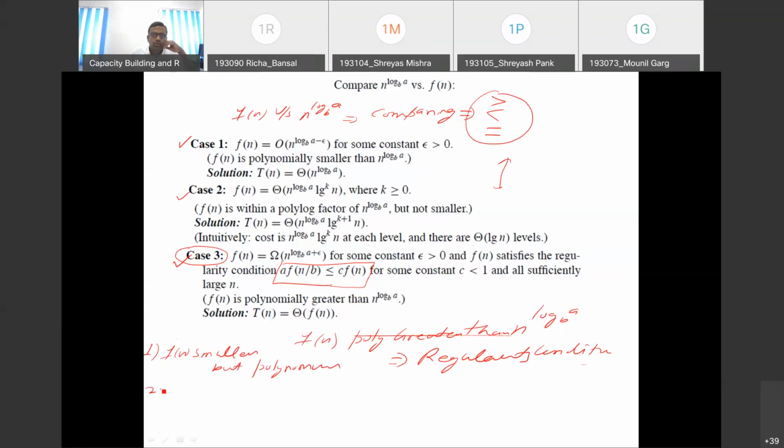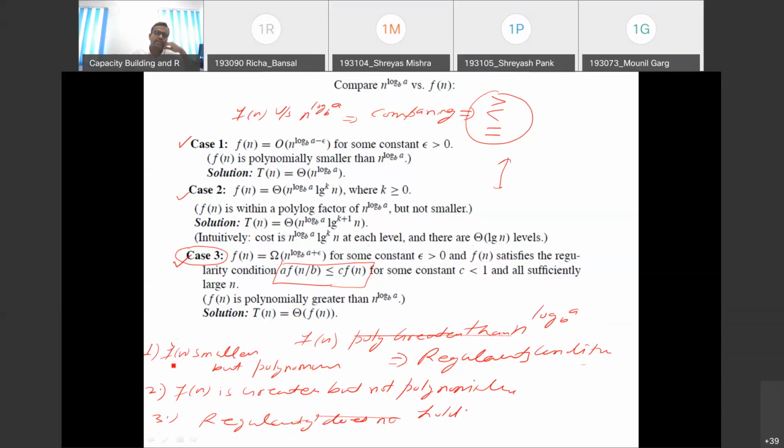Gap number two is when f of n is greater but not polynomially. And the third one is when the regularity condition under step 3 does not hold. So in these three cases we will not be able to apply the master theorem.